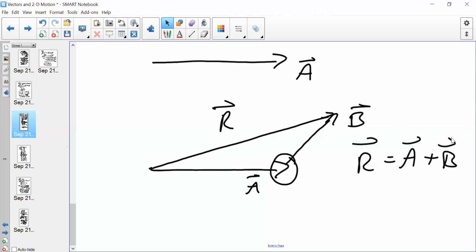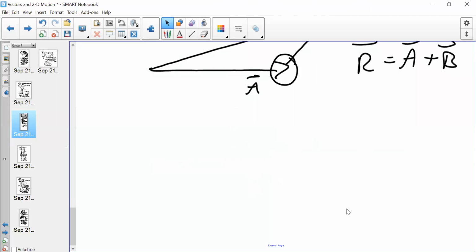Okay, so last quick example. Let's say A was at some arbitrary angle like so, and B is just out there in space, and we want to add them together.